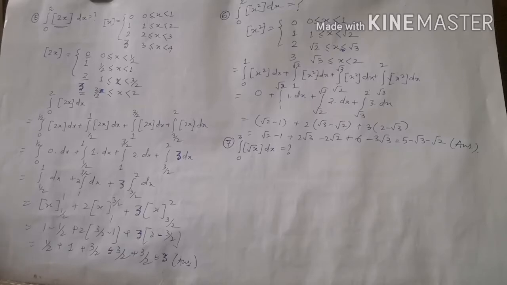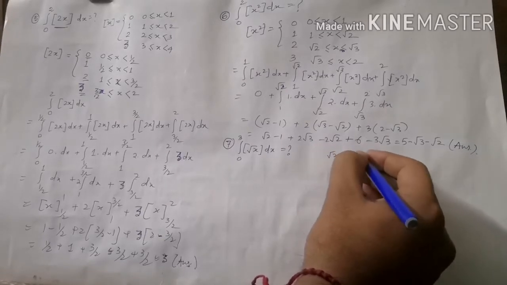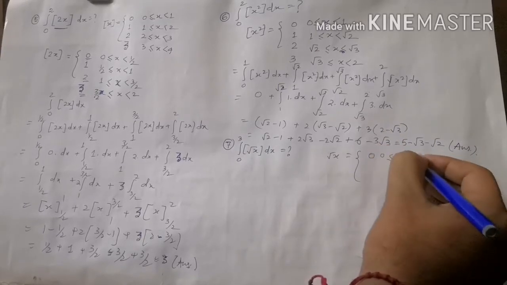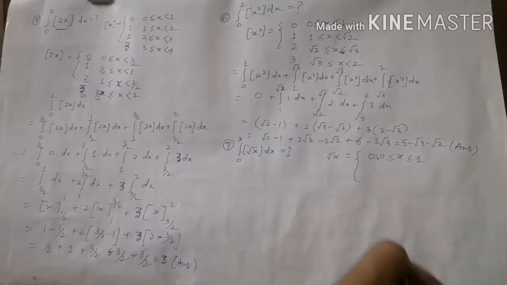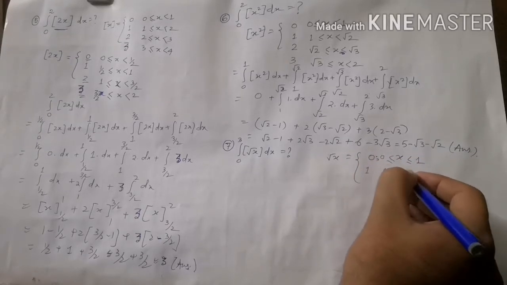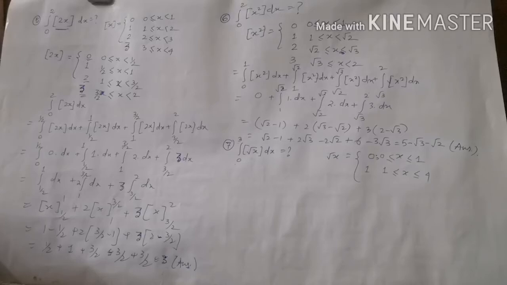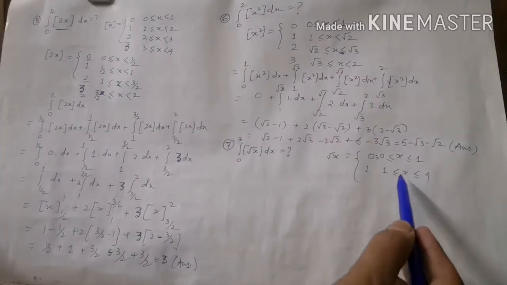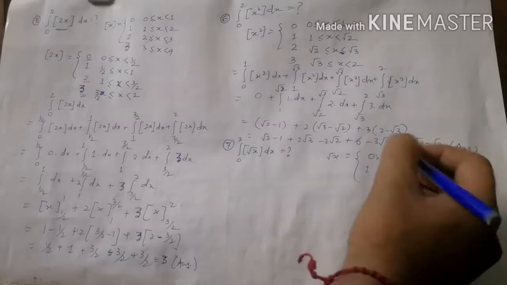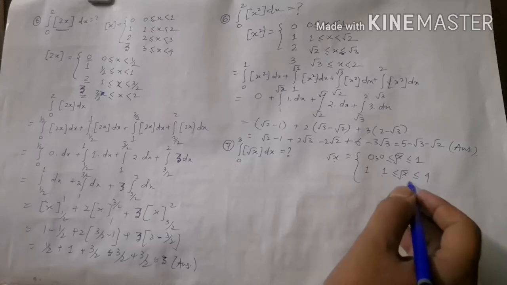So we will go to the definition of root x, and the value of root x equal to 0 if x will lie between 0 to 1, and the value of root x will be 1 when x will lie between 1 and 2 square equals to 4.